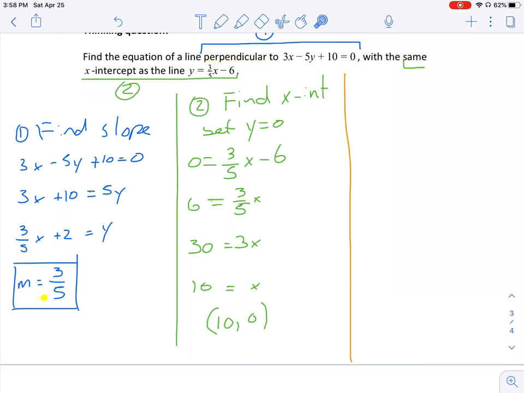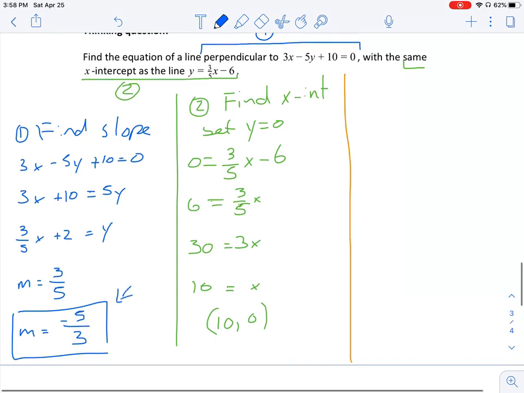Well, this step just simply found the slope of this line. But we know that the perpendicular slope is the negative reciprocal. So the slope that we're actually trying to use is the negative reciprocal, which would be negative 5 over 3. This is the correct slope that we need to use.